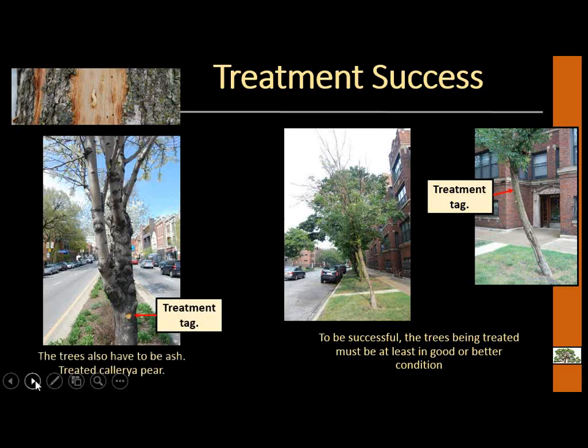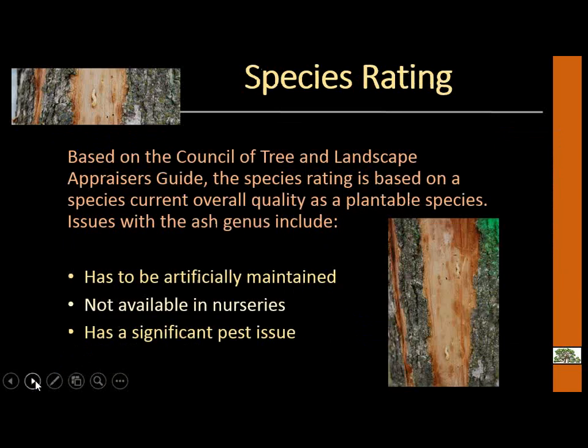Also, if you're going to be treating, make sure you're treating an ash tree. You're looking at a treatment tag on a Callery pear, which hopefully will not get emerald ash borer in the future because of the treatment. But if you're going to be doing treatment, you want to make sure that the conditions of the trees are of a level that allows for good success, good investment of the money, so the survival rates can be maintained well.